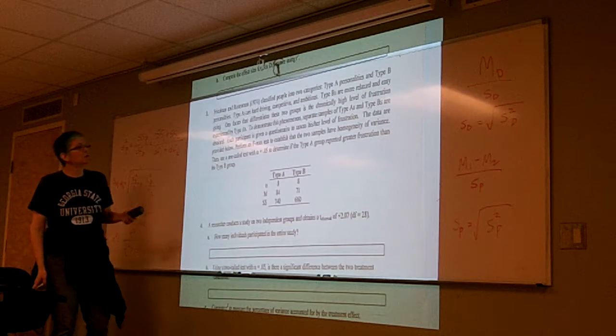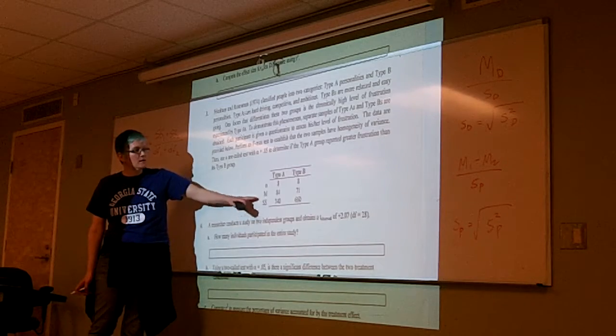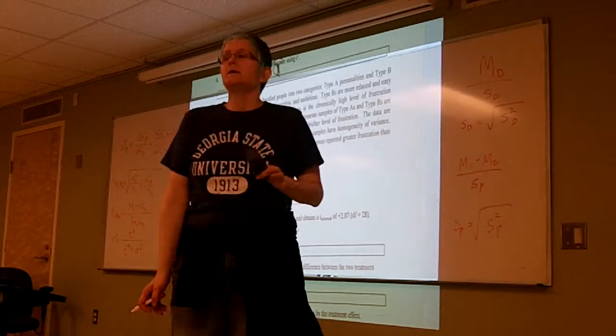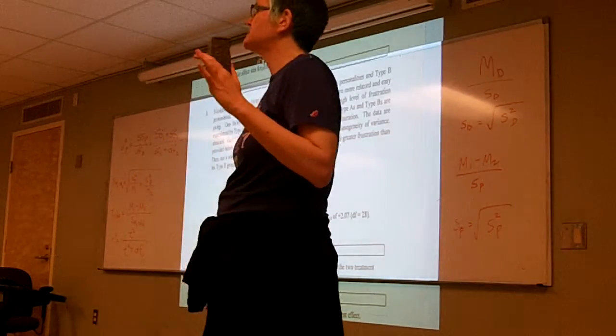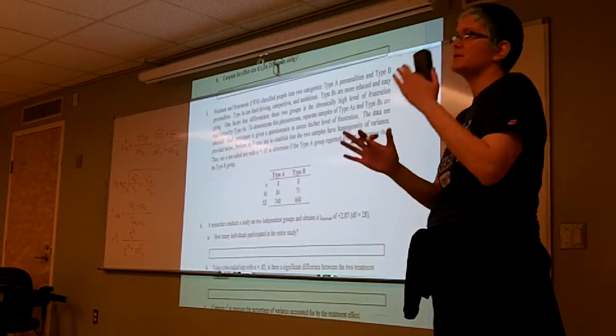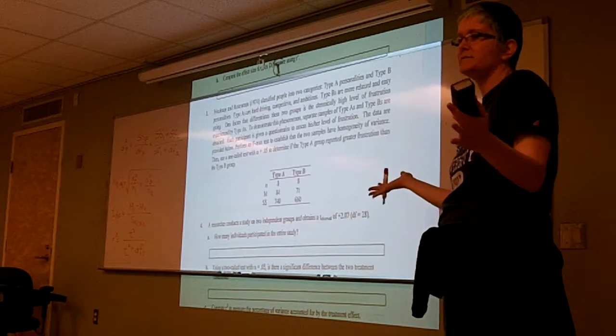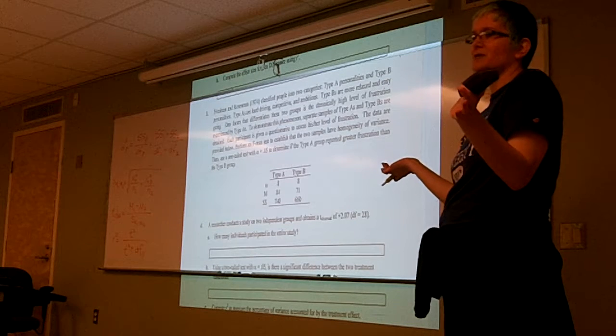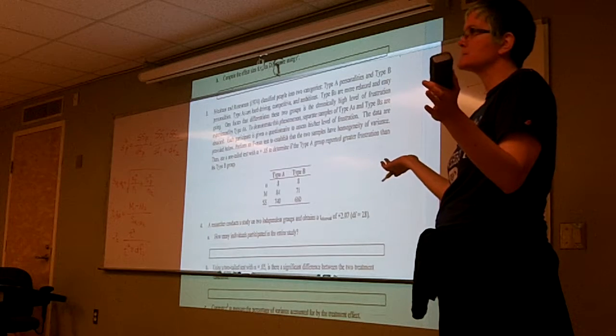Okay, so we've got our data here. This is an independent samples test. People with type A personalities are distinct from those with type B personalities, so these 2 groups don't overlap. You're either type A or you're type B. You don't get to be both. Can't be randomly assigned as a subject variable, right? You come in with your personality.